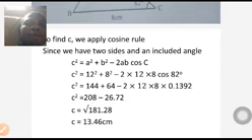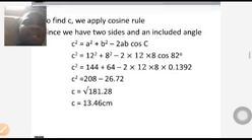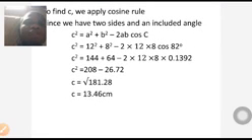Then 144 plus 64 gives you 208, minus 2 times 12 times 8 times 0.1392 gives you 26.72. Then subtract 26.72 from 208, you have 181.28.